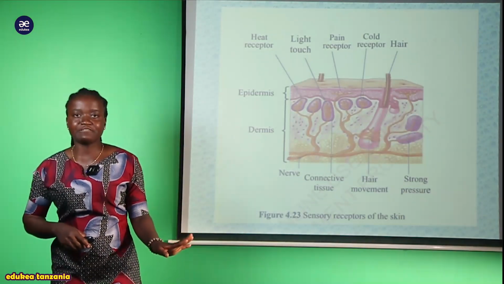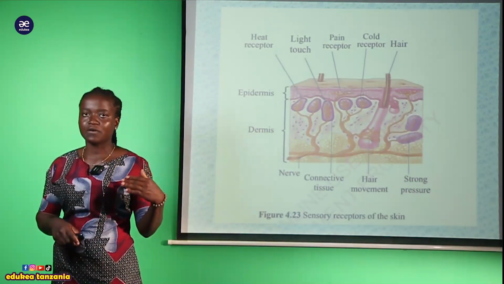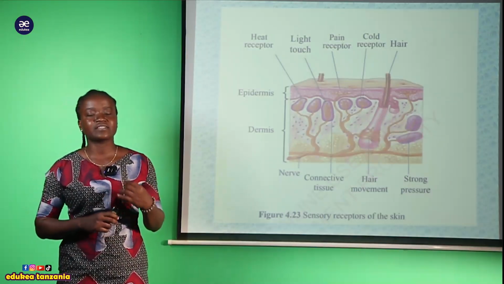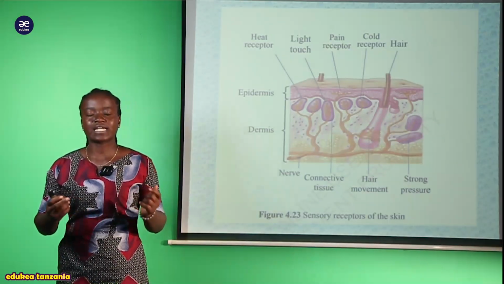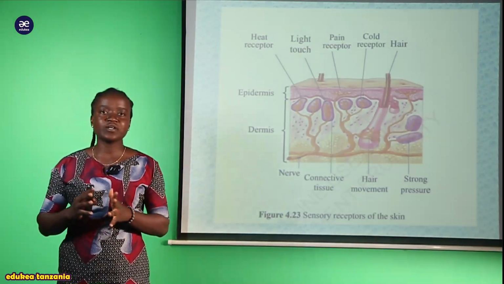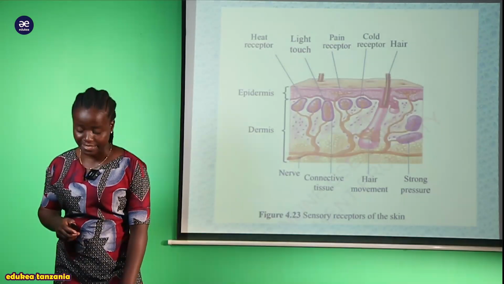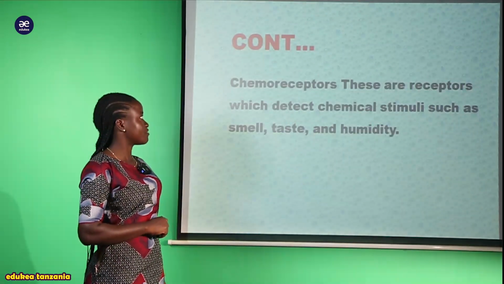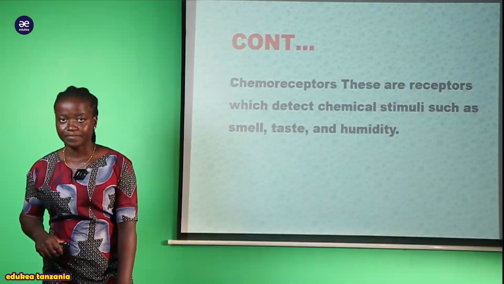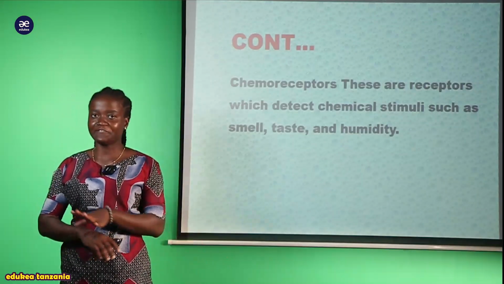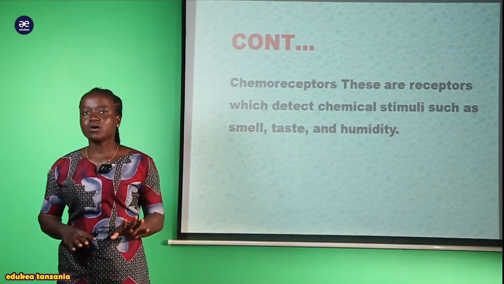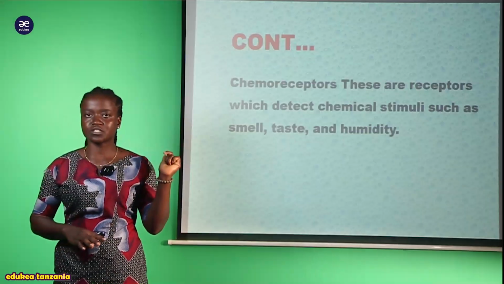So my student, after we have seen nociceptors, now I would like to take you through another classification of receptor based on the type of stimulus. And here we are going to talk about the chemoreceptor, since I have already finished talking about the mechanoreceptor. You have to differentiate between these two terms.